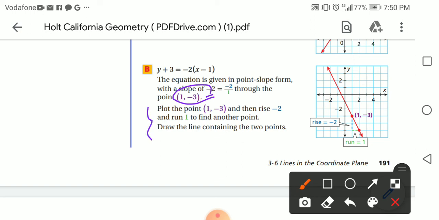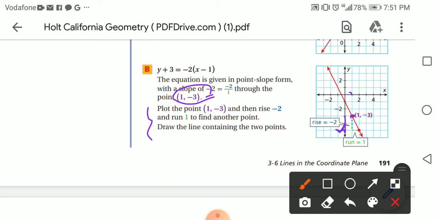Plot the point 1, negative 3: 1 here, negative 3 here. This is the first point. And then rise negative 2, to go here, negative 2.